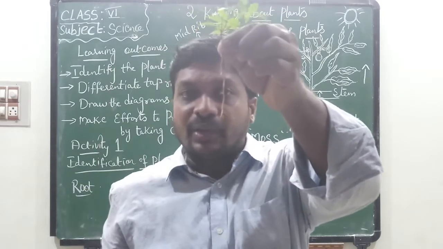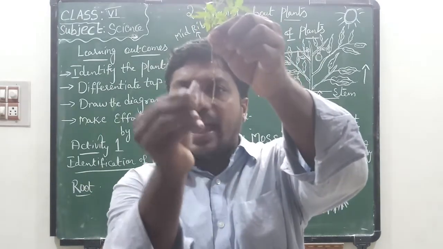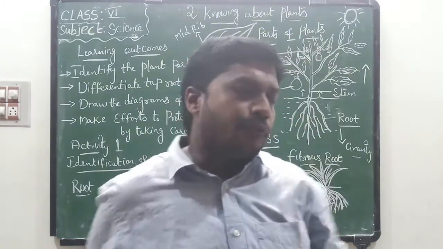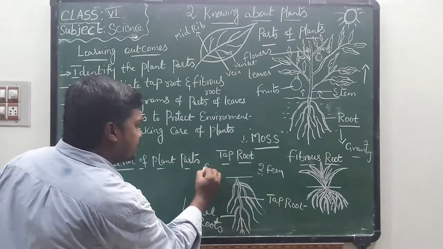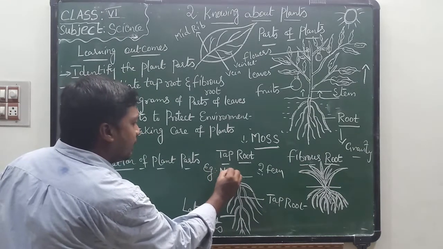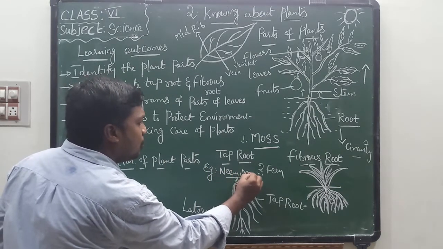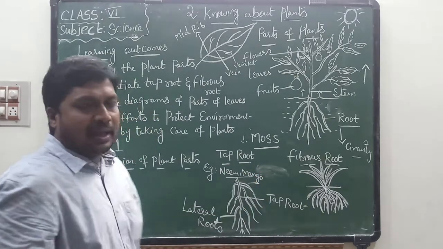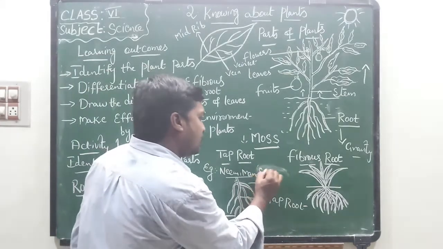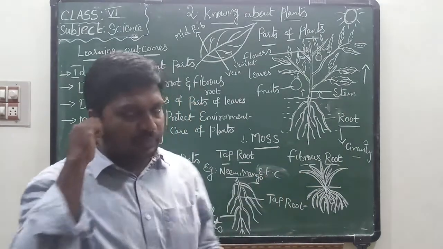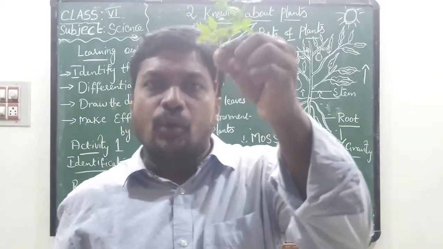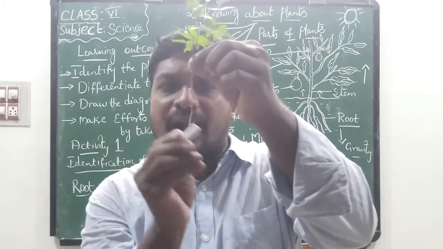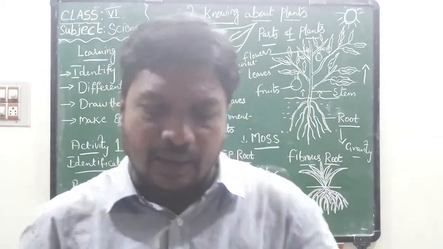This is called tap root and the side branches are called lateral roots. The tap root system is seen in neem tree, vapa chettu, and also mango tree, etc. In the taproot system, we can find a major root called taproot and side roots called lateral roots.